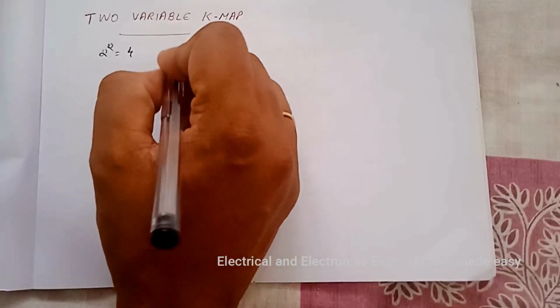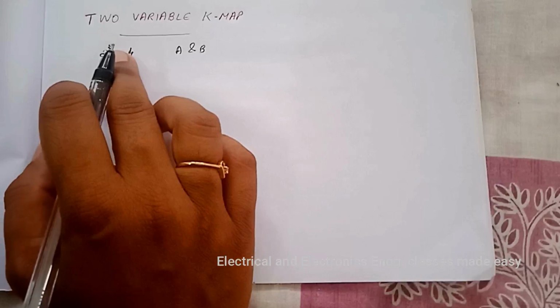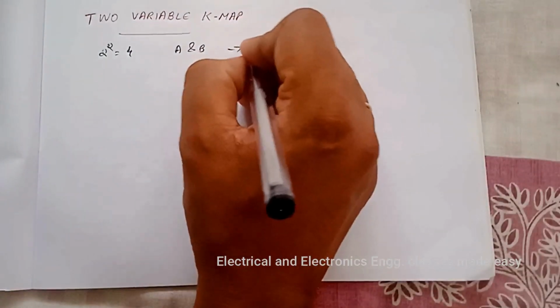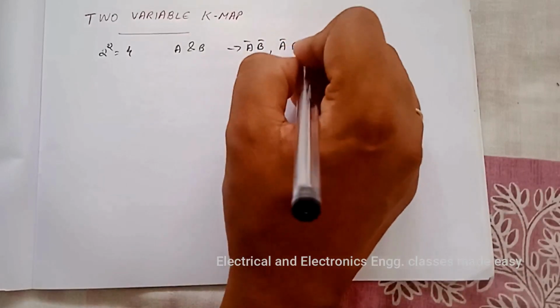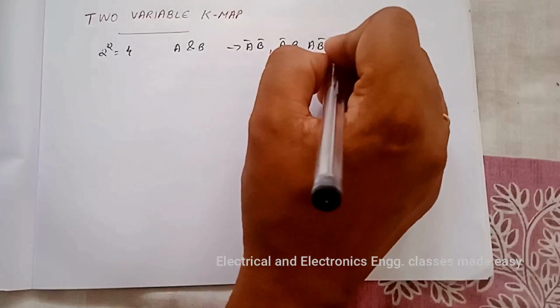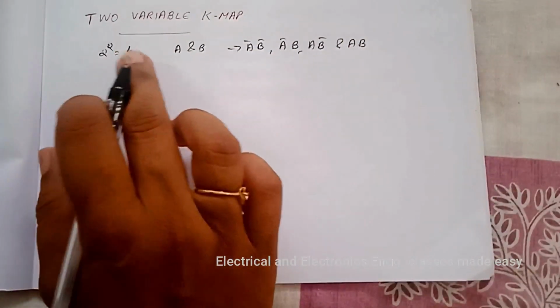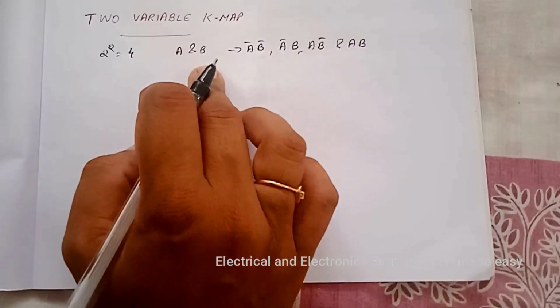Let the input variables be A and B, and each of the combinations, that is A bar B bar, A bar B, A B bar and A B. So these are the possible 4 combinations with the variables A and B.